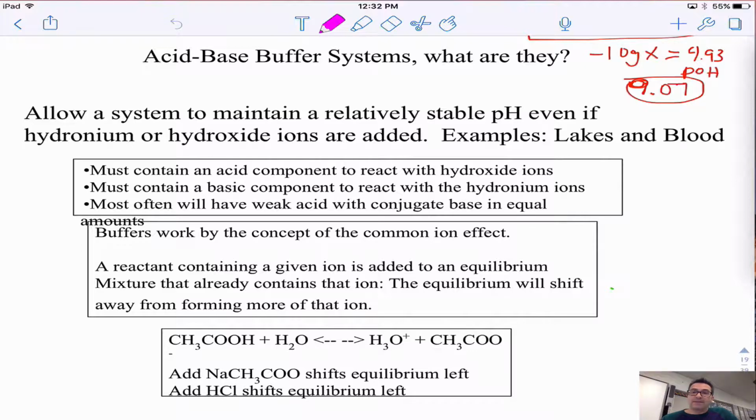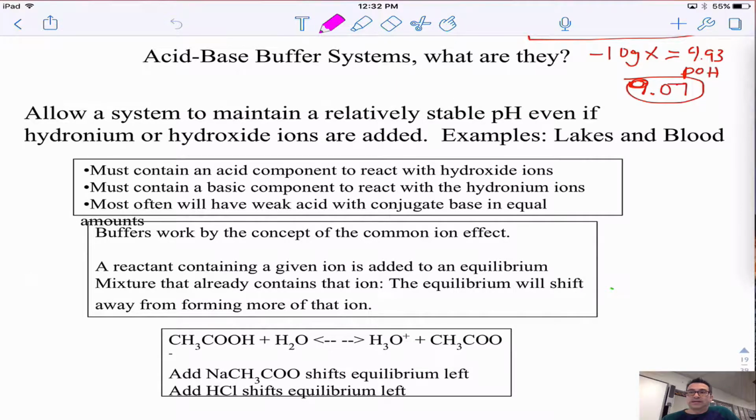So the buffer actually contains acids and bases within it. That's what allows it to maintain its stable pH. The buffer must contain an acid component. The acid has to be weak, and the purpose of the acid component is so that it can react with hydroxide ions if we add them.